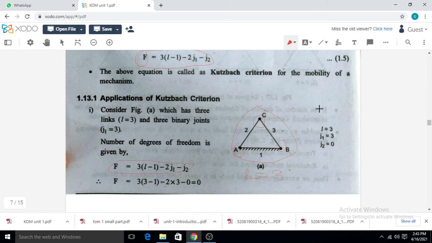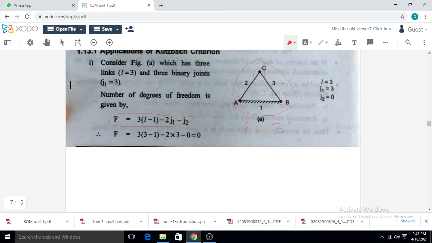So the degree of freedom of this mechanism is 0, and if the degree of freedom is 0, this is not a mechanism, it is a structure. In this case there is no relative motion between the links, and from observation we can see that no relative motion between the links can occur. So the degree of freedom in this case is 0.